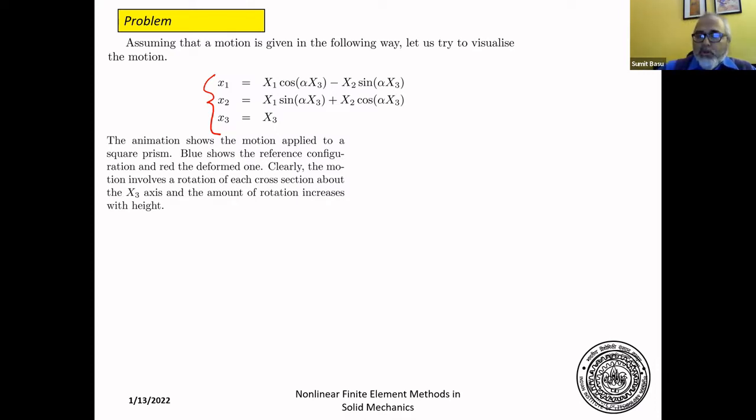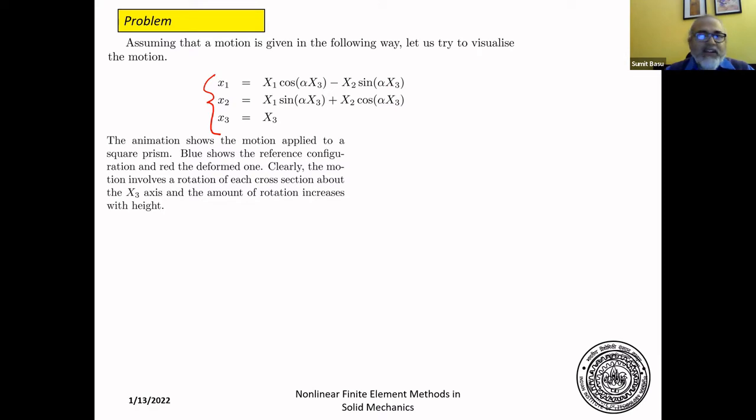And I am going to show what this motion does to the prism. Since I'm using a rectangular prism, you will see some kind of a deformation, but it has got nothing to do with the rectangular prism.